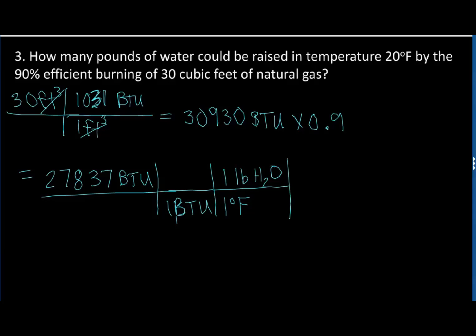And we're changing it 20 degrees. So I'm going to cross these two F's out. I'm going to cross these BTUs out, and then I'm going to end up with pounds. And so my answer is going to be 5.57 times 10 to the 5 pounds H2O.